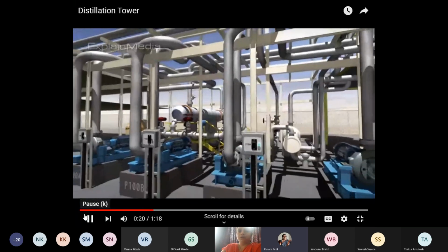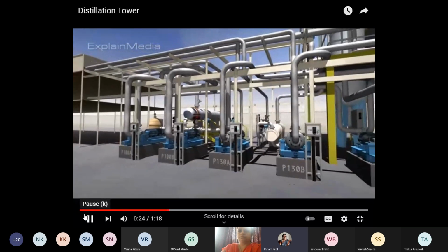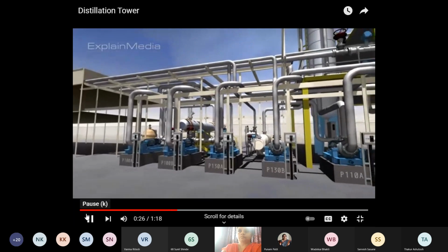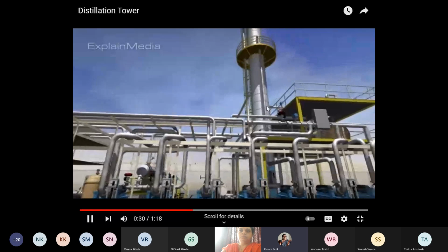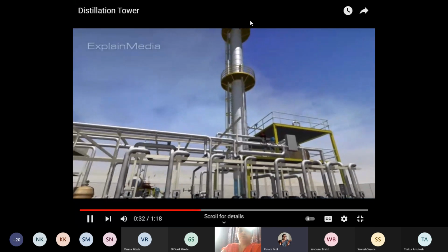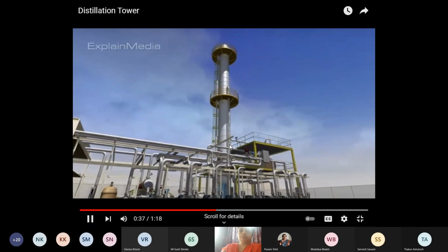Pump, reboiler, condenser. This is the tower. So this is the distillation tower.